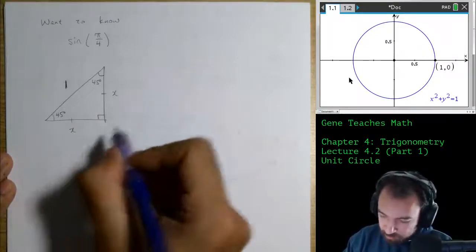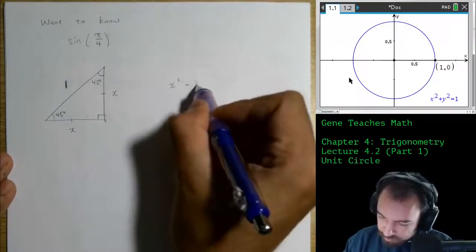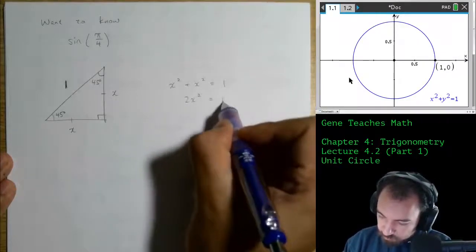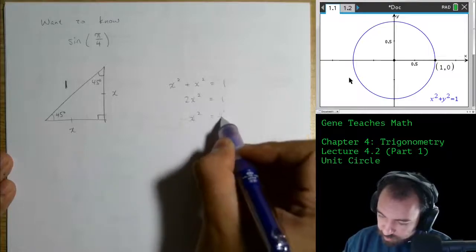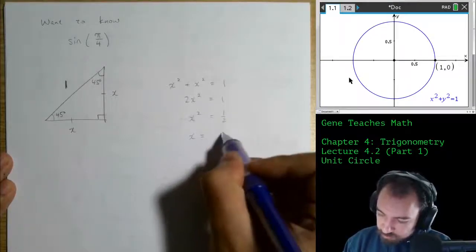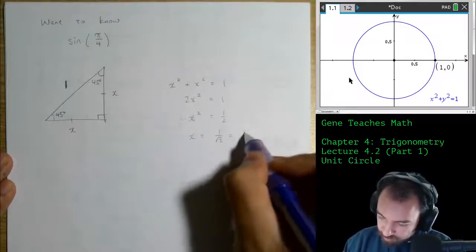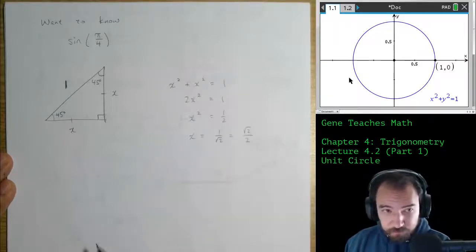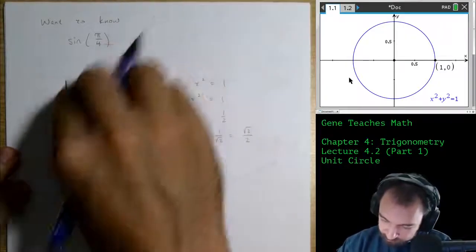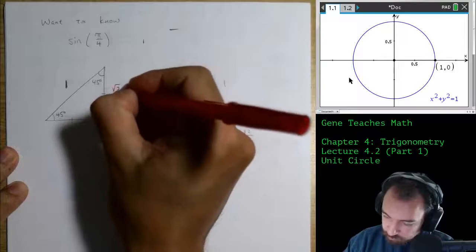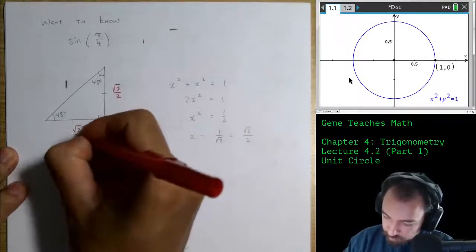By the Pythagorean theorem, x squared plus x squared is equal to 1 squared, which makes 2x squared equals 1, which means x squared is equal to 1/2, which means that x is equal to the square root of 1/2, which I can rationalize the denominator to make root 2 over 2. So I can erase this and understand that these sides are both root 2 over 2 apiece.